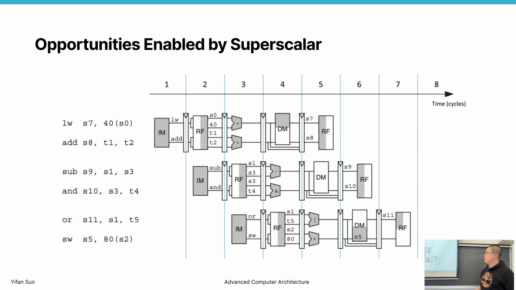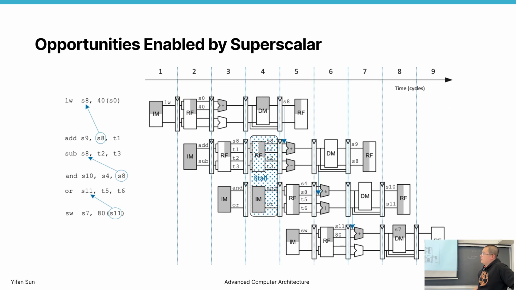But sometimes there are problems. For the previous program, there's no problem. There's no dependency. But if we slightly change it, we can see this type of program. Let's read this program a little bit, because we need to use this as an example again and again. Here we first load data into S8. Then in the next cycle, we take S8 to calculate S9. Then we're actually done with S8, so we're reusing S8 for another variable.